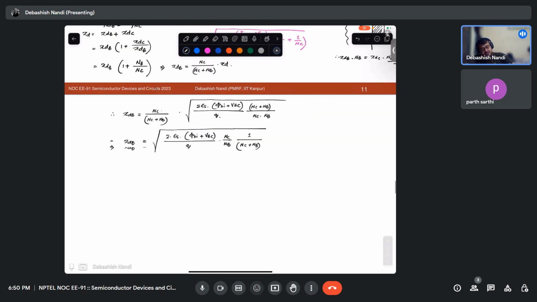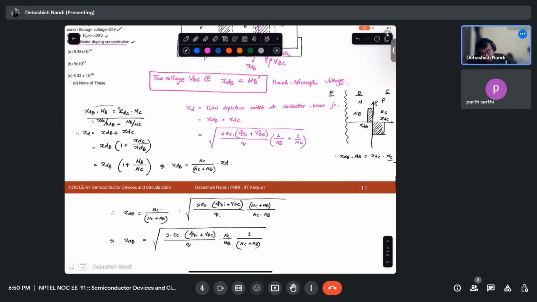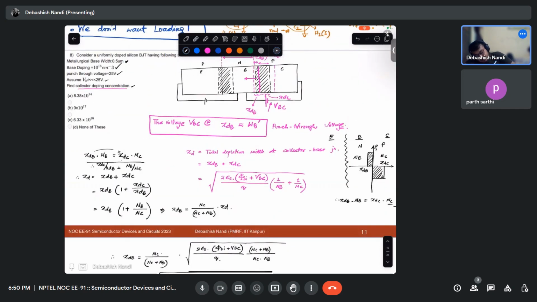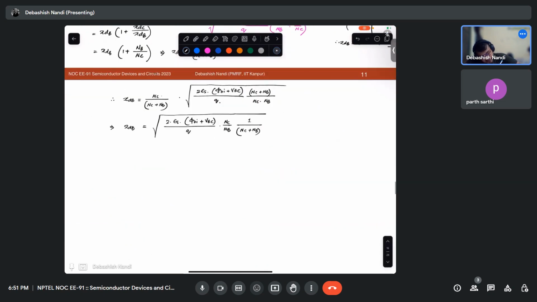Now we are told that this is the base width, and at punch through voltage this XDB will be WB dash, when 2 epsilon S, phi Bi plus 25, or the punch through voltage, times 1 over NC plus NB.